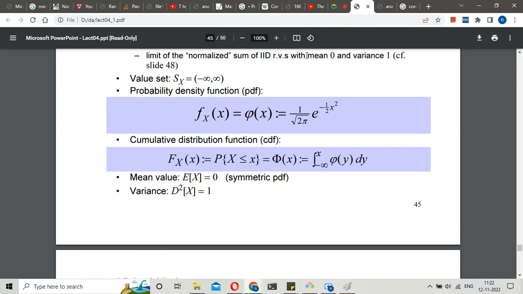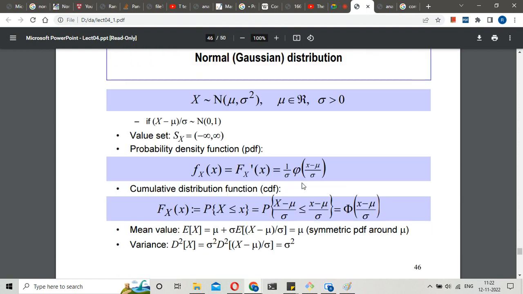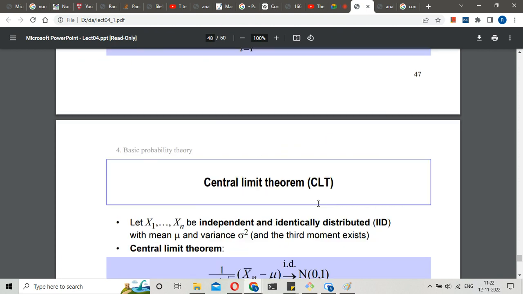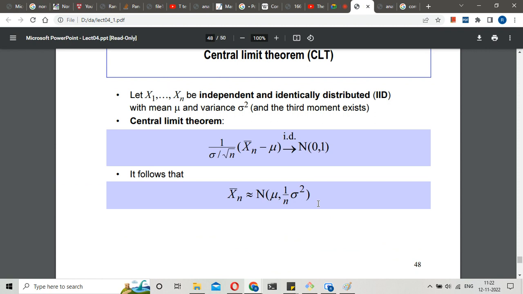Remember, the standard normal is always distributed with mean 0, variance 1. When we say Gaussian, it is distributed with mu and sigma square, but it is related to the normal. You have to convert it and then calculate. So there are many properties.